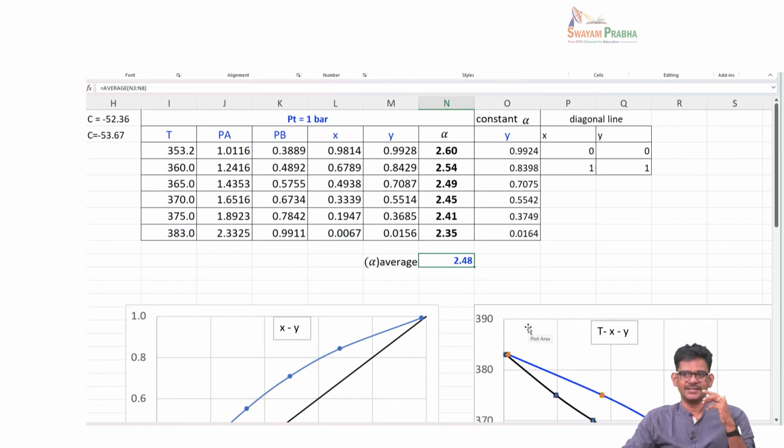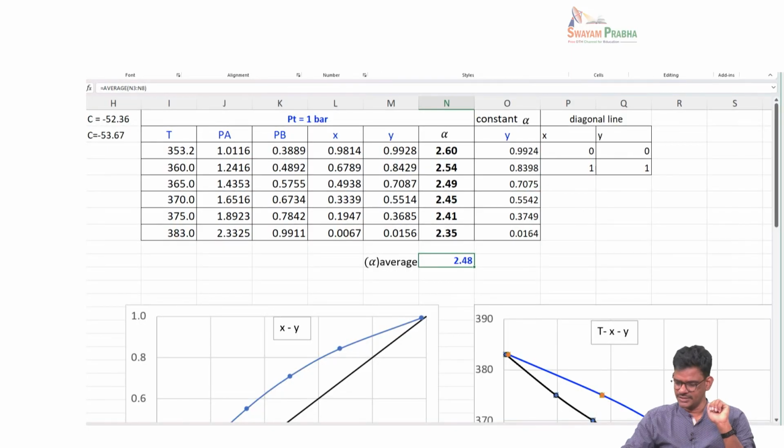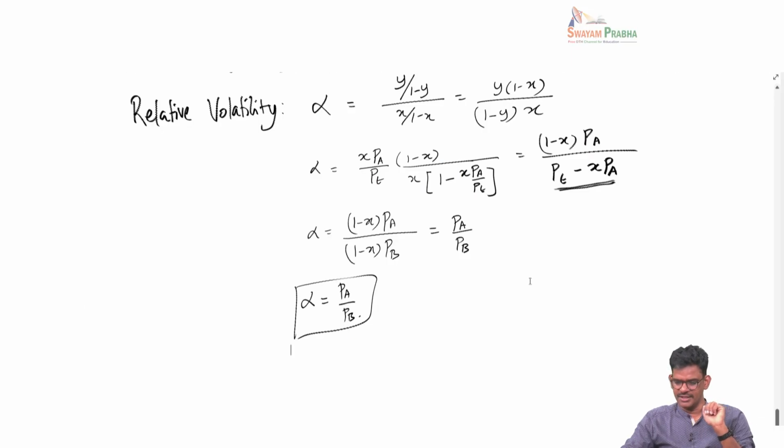Like I said, this has a lot of consequences for the GATE questions, because in many GATE questions they will say relative volatility is constant and some number will be given. The question is, can you create VLE data with this assumption? Yes, we can do that. So we will go back here and assume that this is constant.